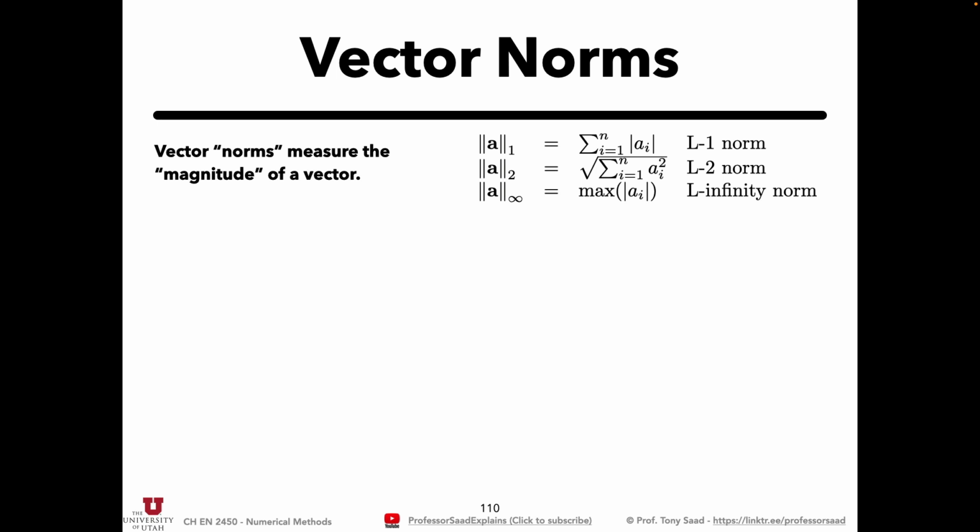So square root of a1 squared plus a2 squared plus a3 squared, etc. That's just your standard Pythagorean norm. Finally, there's the infinity norm, and it says, you know what? Take the maximum, the worst offending value in that vector. So when you think about this in the errors, that would be holding the system accountable to the variable that is converging the slowest.